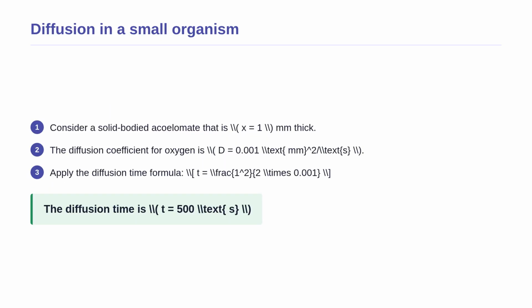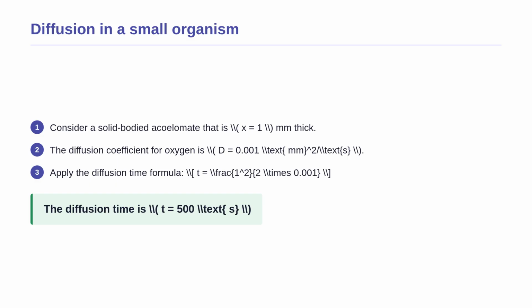Now that we have our diffusion formula, let us apply it to a small, solid-bodied acoelomate. We are given an organism that is 1 millimeter thick, and the diffusion coefficient for oxygen in tissue is 0.001 square millimeters per second. We want to find out how long it takes for oxygen to reach its center.